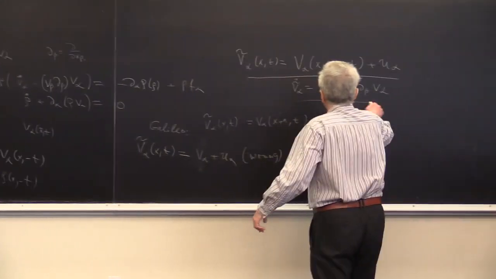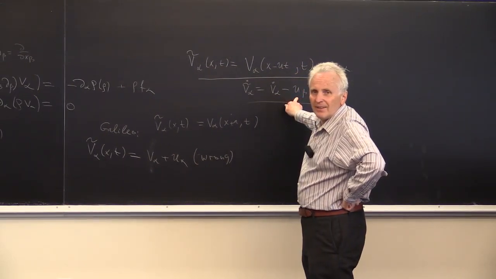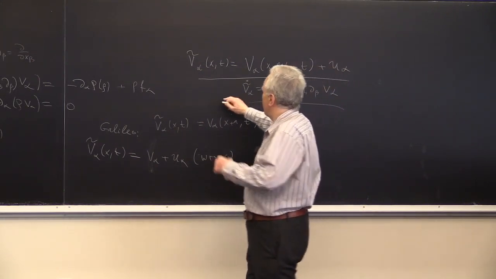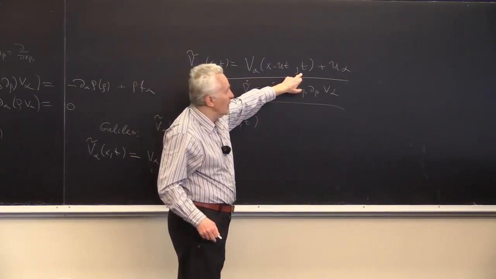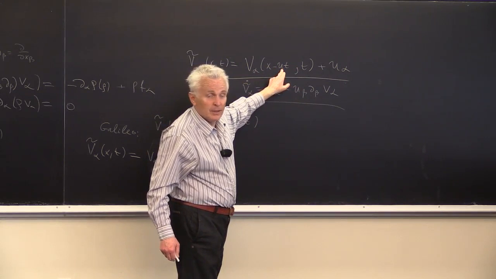Is it obvious how I got this formula? If it is not, then look, we differentiate with respect to time. And time enters into two arguments.